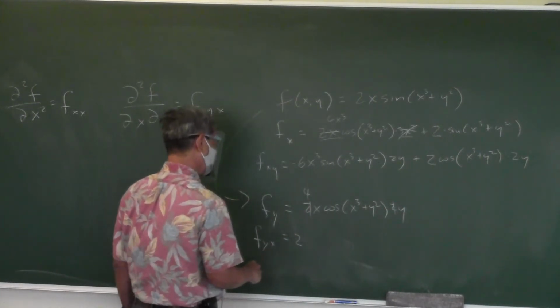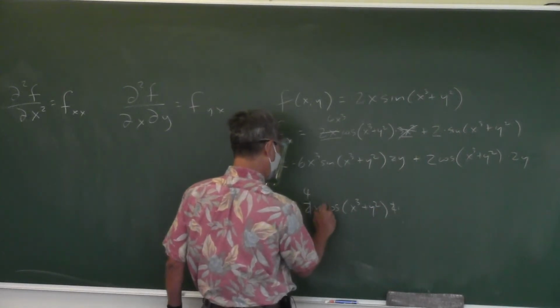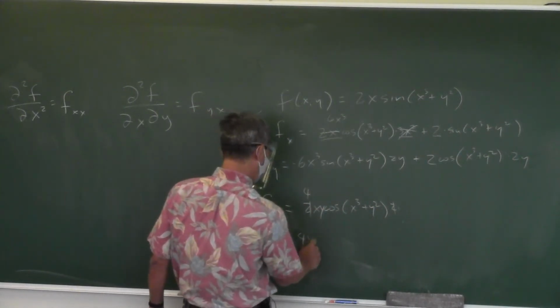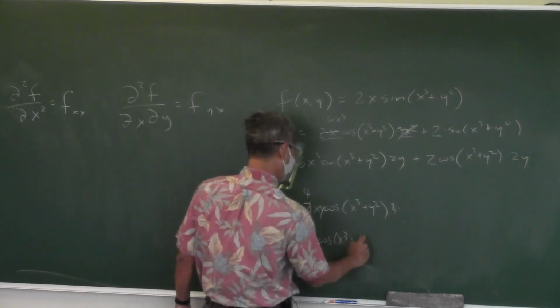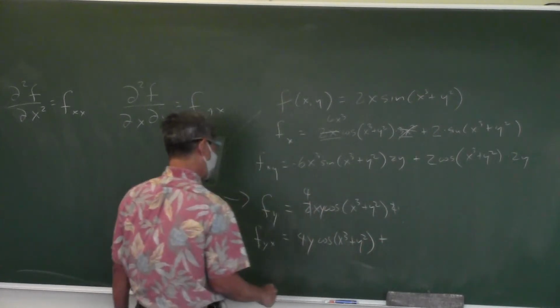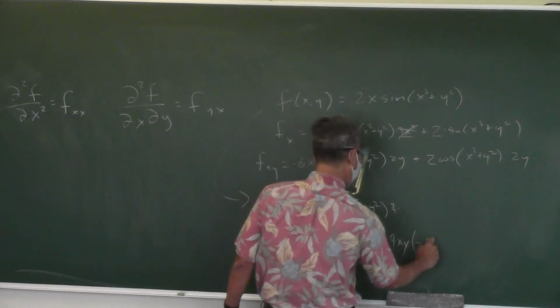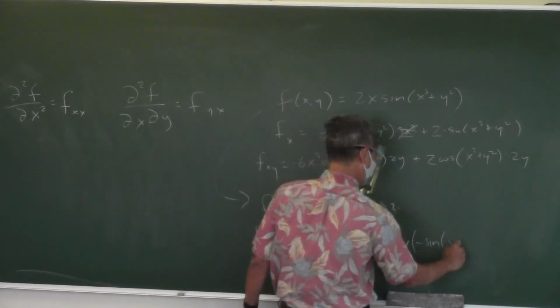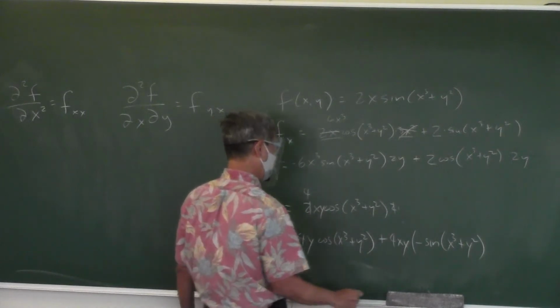Okay, 4y, and why don't we put the y in the front. Okay, 4y cosine of x cubed plus y squared, plus 4xy times minus sine of x cubed plus y squared times 3x squared.